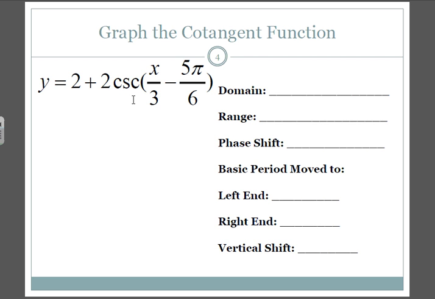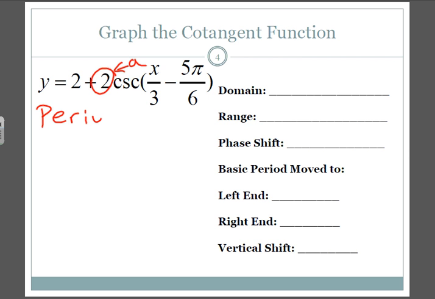Okay, ladies and gentlemen, now I am doing number 1 from your homework, and it is a cosecant graph, which is related to a sine function. Like you always do, you find the important stuff. This is your amplitude.